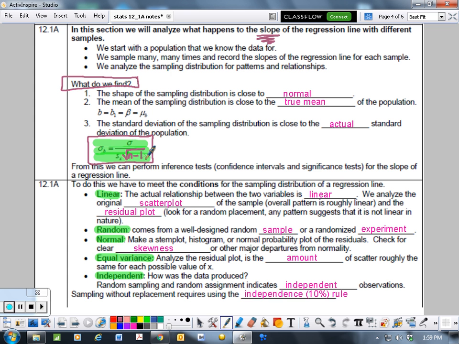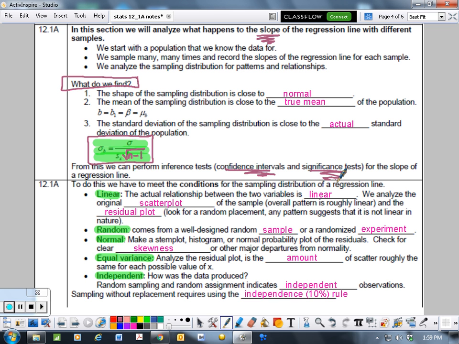Now from this, we can perform inference tests, which are our confidence intervals and our significance tests, which we should be very familiar with. We've been doing them for months now. And we can do that for the slope of the regression line. The nice thing about a confidence interval is we can figure out what the true slope is.